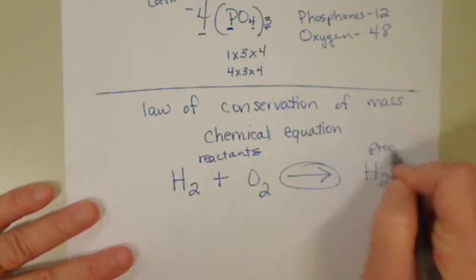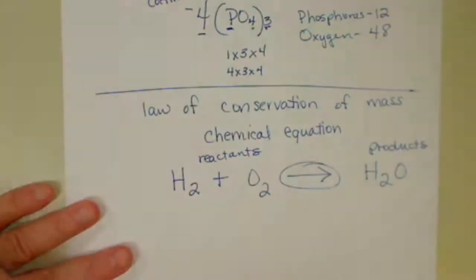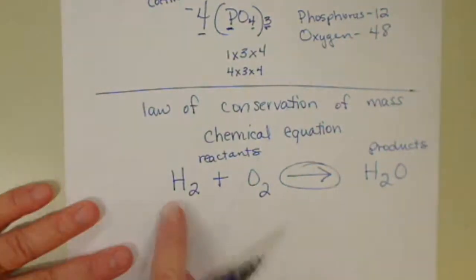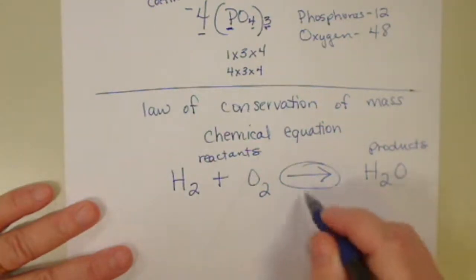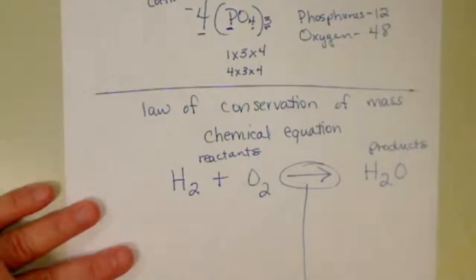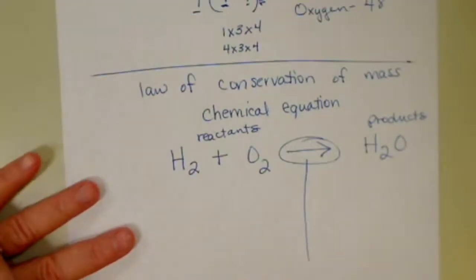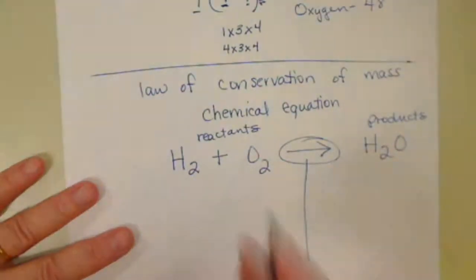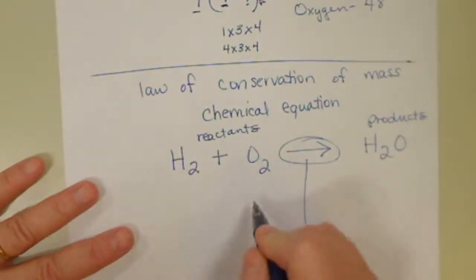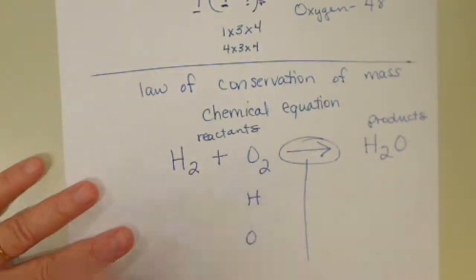You're always going to be comparing the number of atoms of each element on both sides, before the arrow and after the arrow. The easiest way to do this, if you have room, is to put a line right below your arrow so that you can divide your reactants from your products. The elements involved are hydrogen and oxygen.